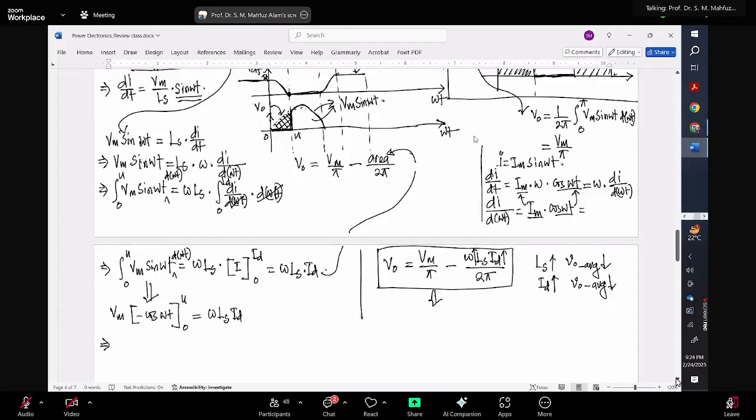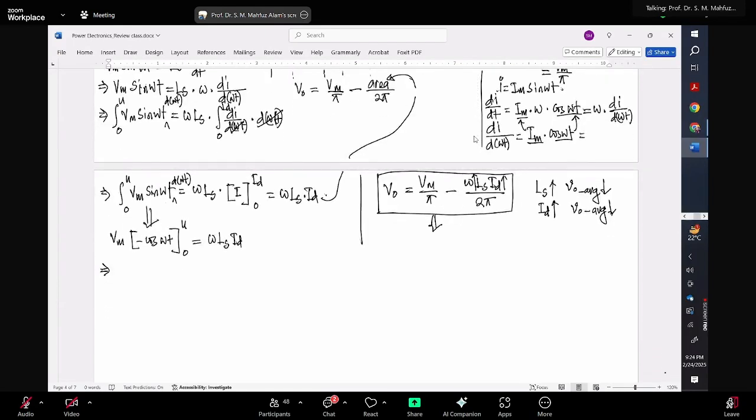So now, if you put in these limits, it would be Vm times minus cos u and then 0, so plus 1, equals omega Ls Id. And then we can write what Vm is. Vm is root 2 multiplied by Vs, the RMS value. If you multiply the RMS value with square root 2, you will get the maximum value.